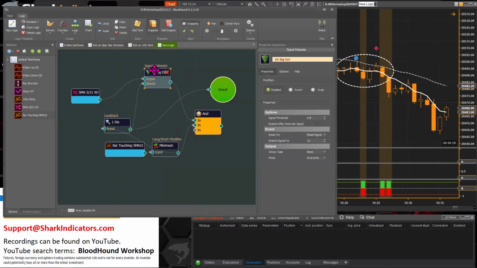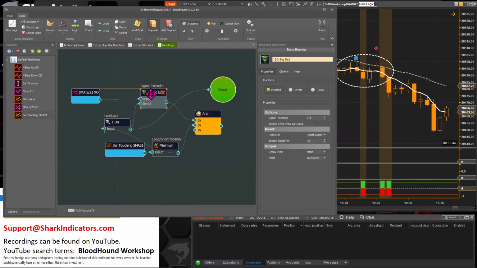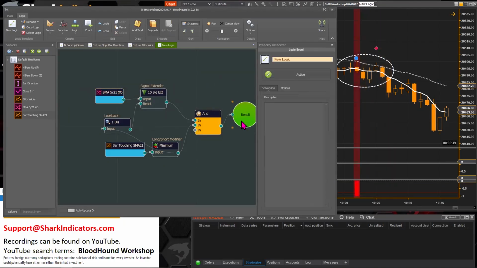So therefore, our signal extender is not getting reset on this extra bar here. Yeah, so there we go. That does it. That's the base system there.